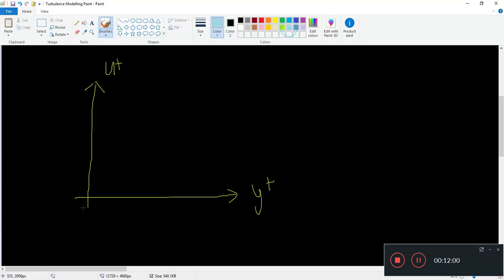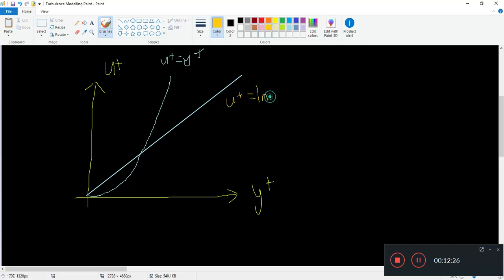You have the viscous sublayer equation, u plus equals y plus, and then we'll have the log law region, which is u plus equals 1 over the von Karman coefficient times ln y plus, plus some constant C. So the whole trend is you're supposed to follow this trend in the viscous sublayer, then you have this buffer region, then you follow the log law.